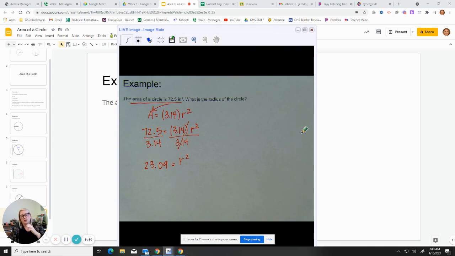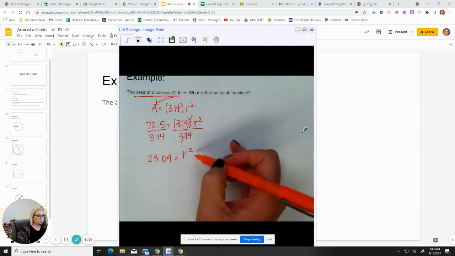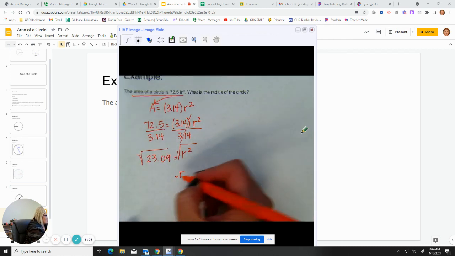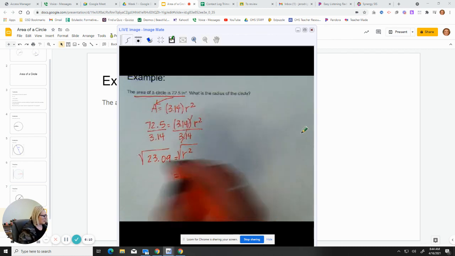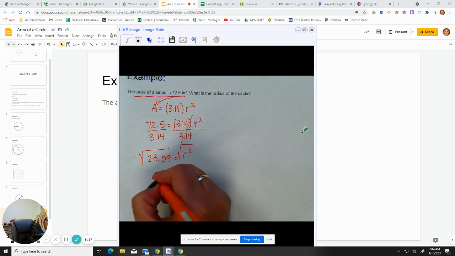I always think a good rule of thumb is to round to 2 decimal places. It makes it a little bit more accurate than just 1 decimal place. Now to undo a square, we're going to take the square root. The square root of 23.09 is 4.81, and this would be in inches.